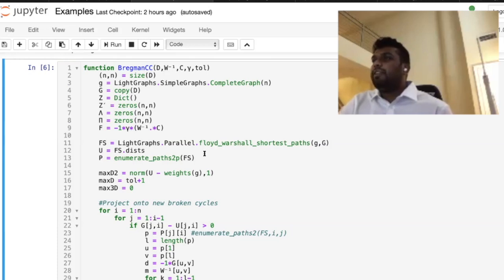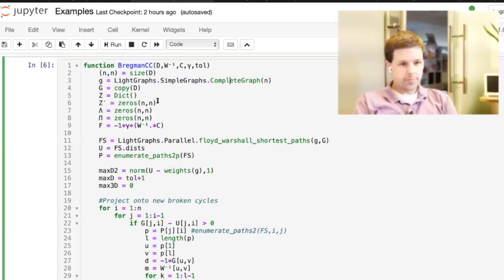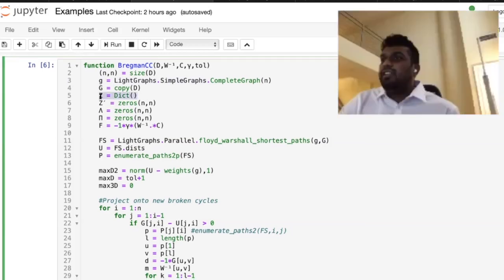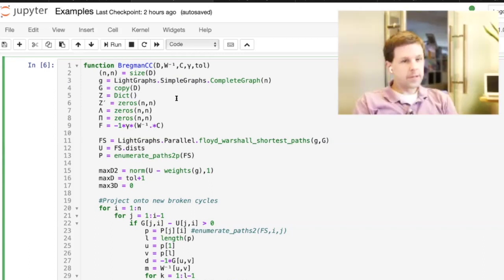Right, so we get these inputs. G here, I'm just making a complete graph, just an object. Z here is our dictionary of dual variables. I'm not going to store it as a matrix or something dense, because in the end we're going to have a few of these.